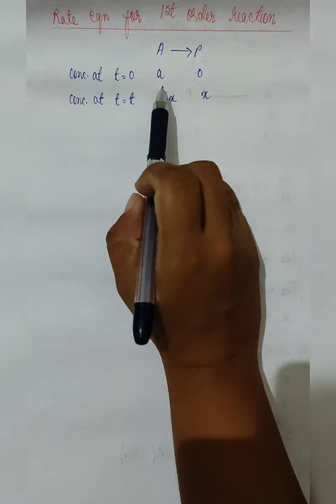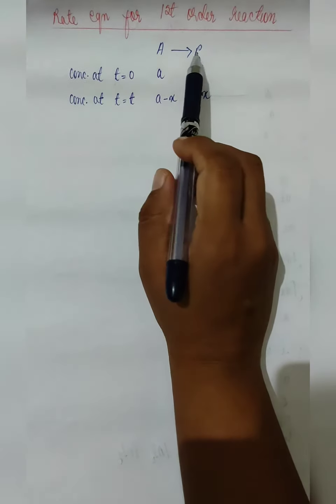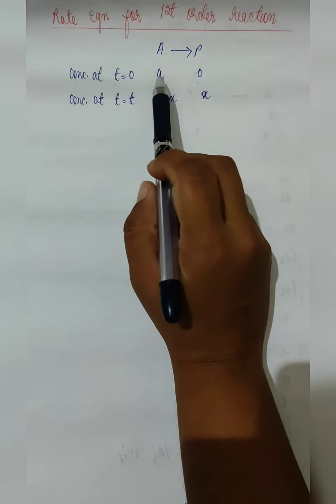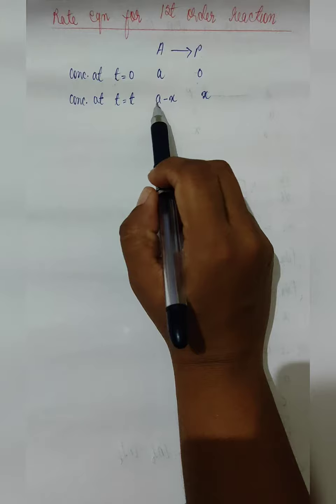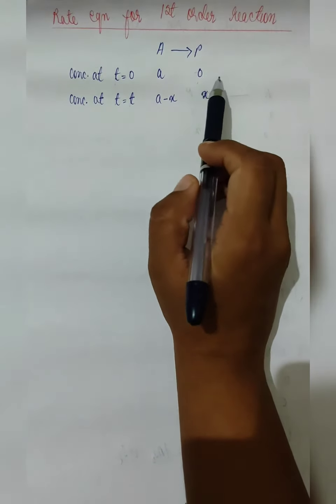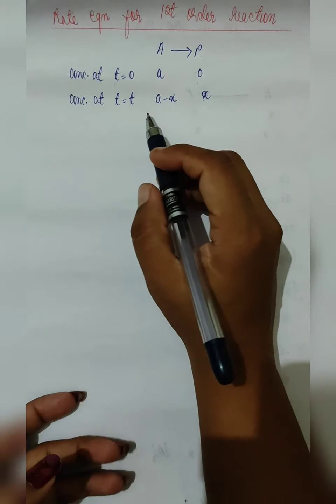So the concentration of the reactant is given as a minus x and the increase in the concentration of the product is given as x. From a it is decreasing to a minus x at time t, and from 0 it is increasing to x at time t.